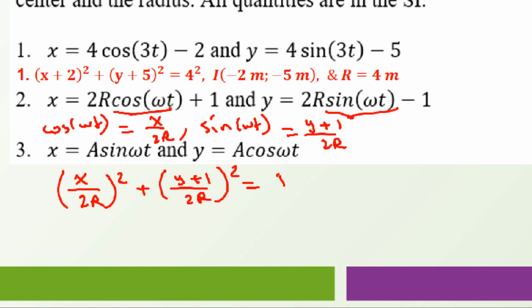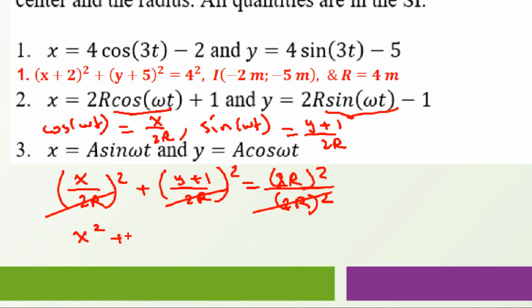Now 1 can be written as (2r)² divided by (2r)², and the power 2 is for both the numerator and the denominator in both cases. We can cancel this with that. Then x² + (y + 1)² = (2r)².